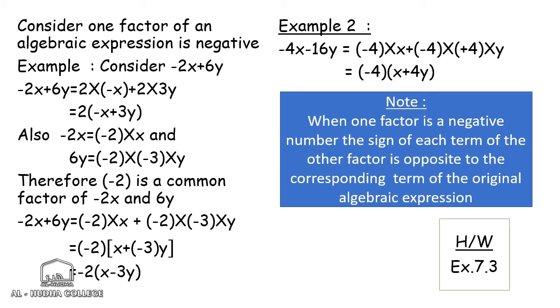If you expand it, you get the question back: minus 4 into x is minus 4x, and minus 4 into plus 4y is minus 16y. So our answer is correct. Minus 4 into x plus 4y is the answer.